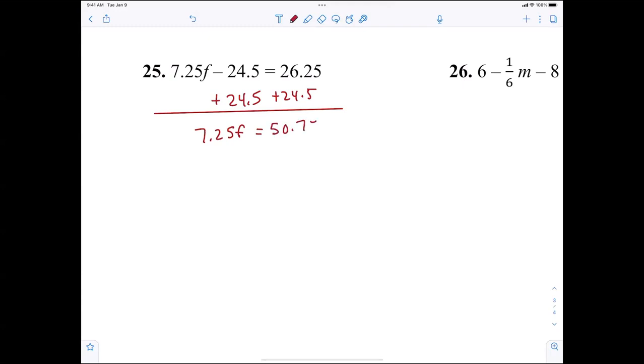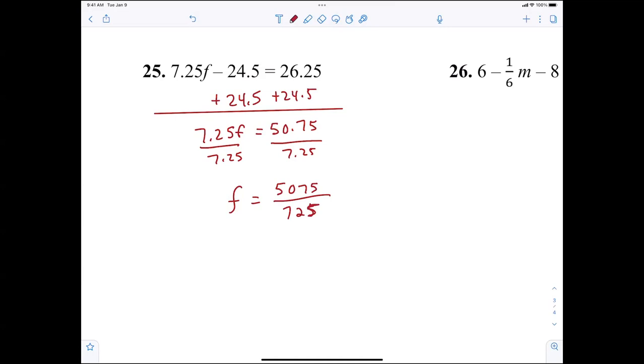Very nice work. And now what? And then it would be 50.75 divided by 7.25. Yep, divide by 7.25. So once again, we just know it's 5075 divided by 725.